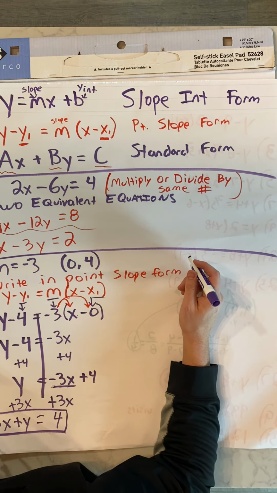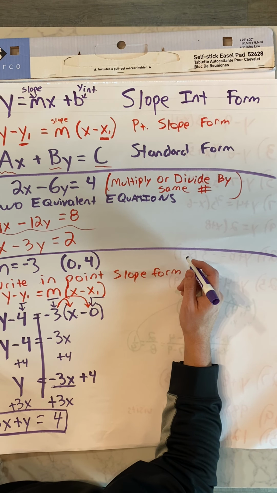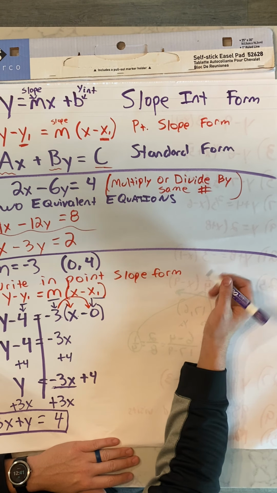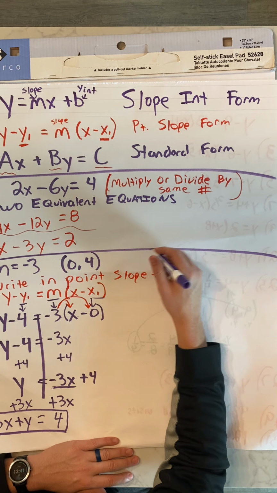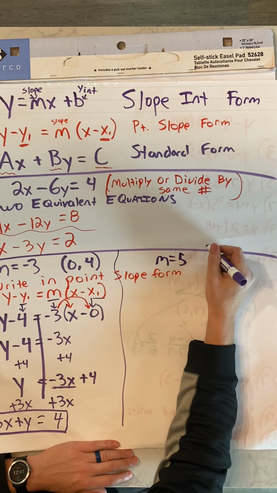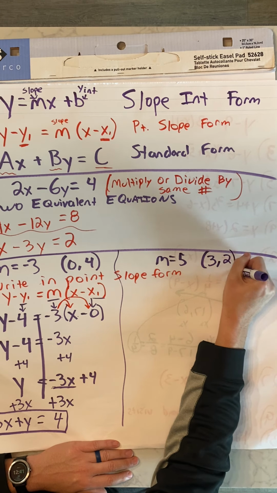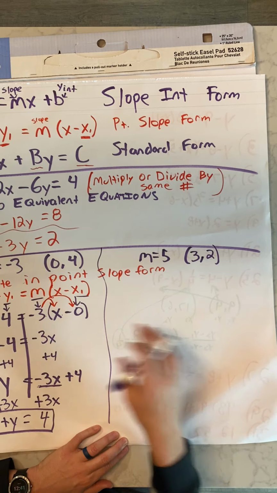Let's do another one like that. Let's say m equals 5, and then our point will be 3, 2. So the first thing we do is write it in point slope form.